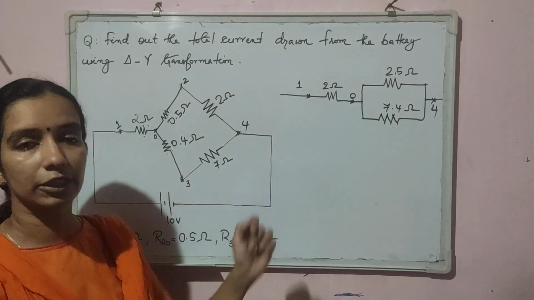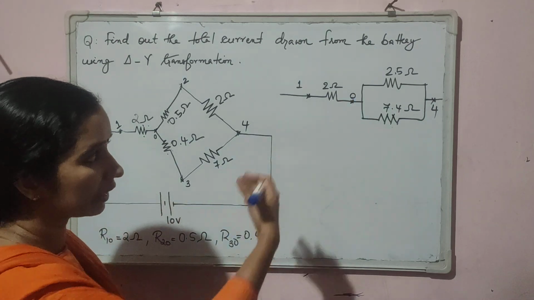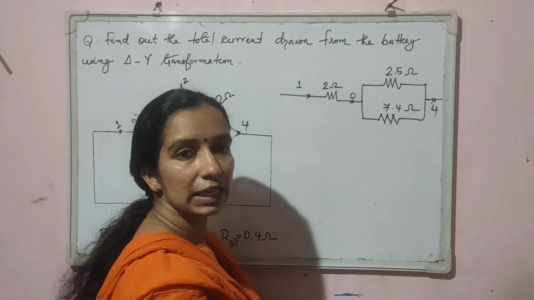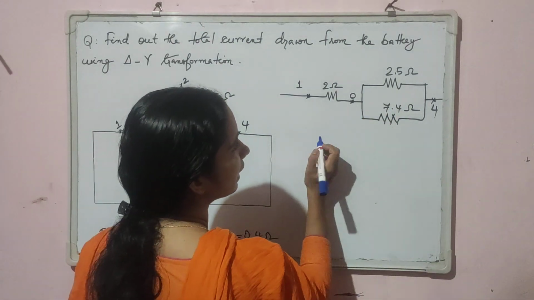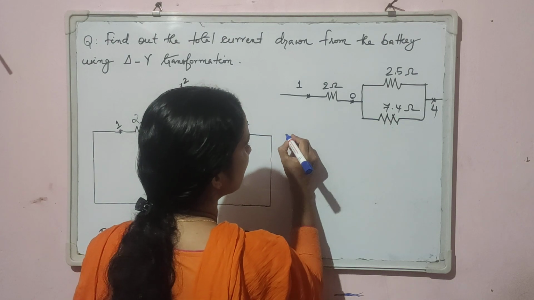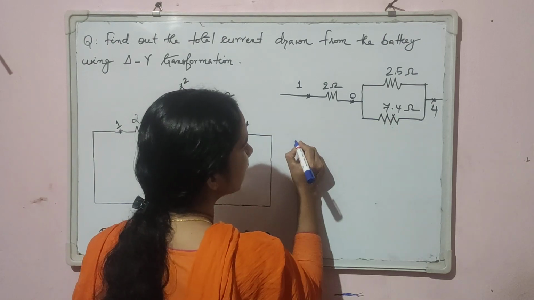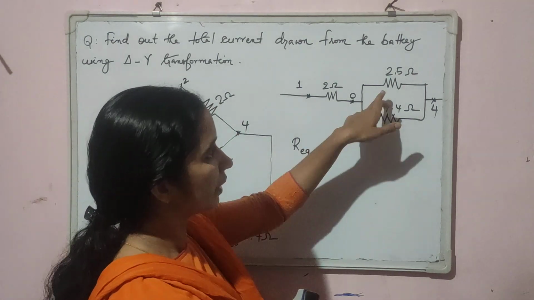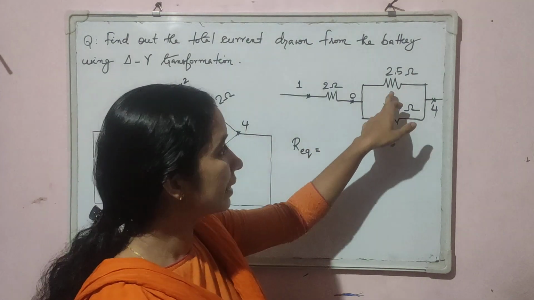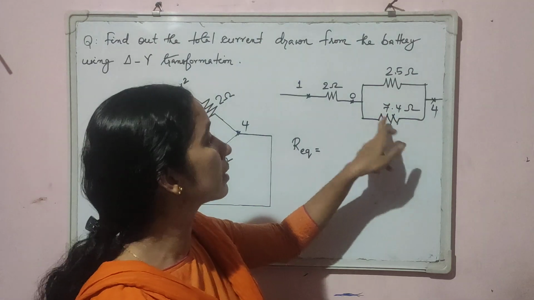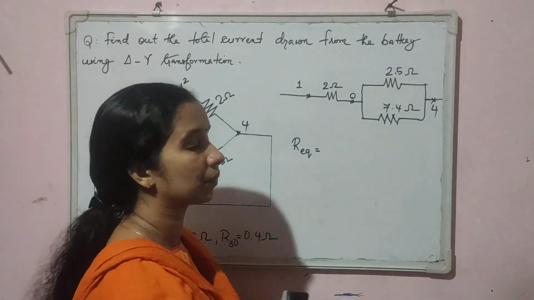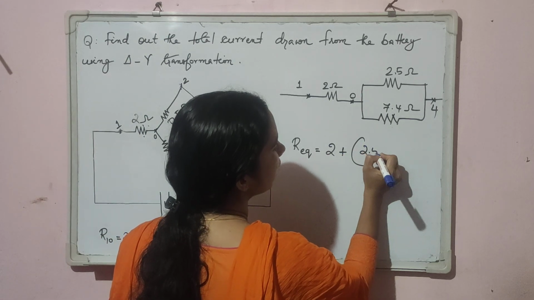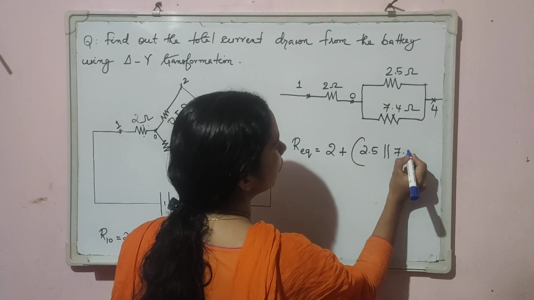So the equivalent circuit will be like this. We can again simplify the circuit. 2.5 is parallel to 7.4. We can calculate the equivalent resistance of this particular combination as R equivalent is equal to, these two are in parallel, and that parallel combination is in series with this resistor, that is 2 plus 2.5 parallel to 7.4.